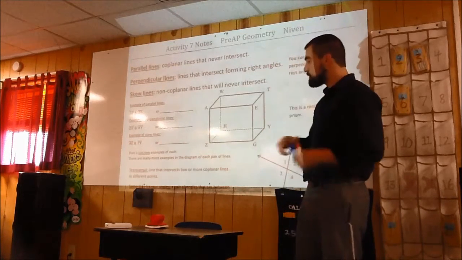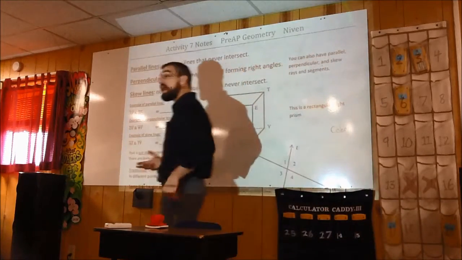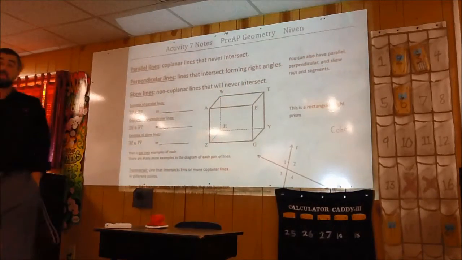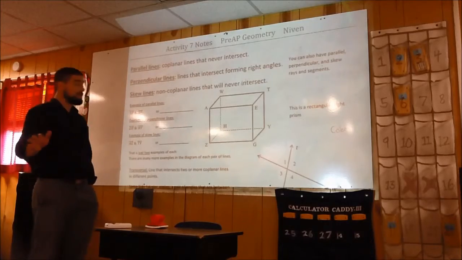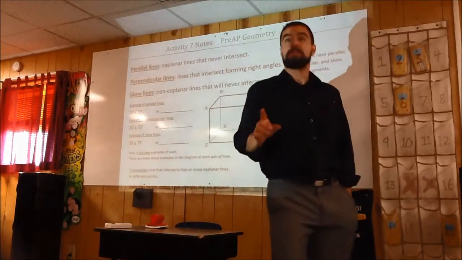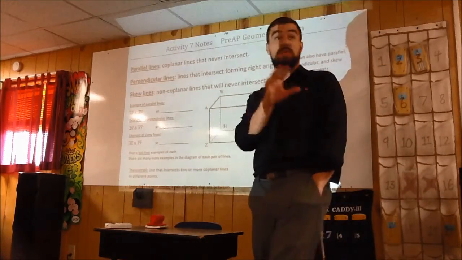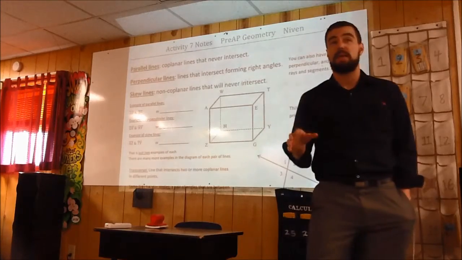The first part, it talks about 3 special types of lines: parallel, perpendicular, and skew. I'm sure all of us have heard of parallel and perpendicular lines, but I think that maybe something was left out of the definition when you originally learned parallel lines.